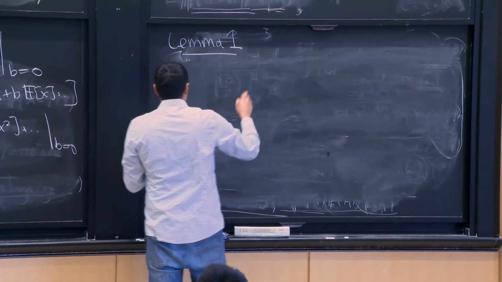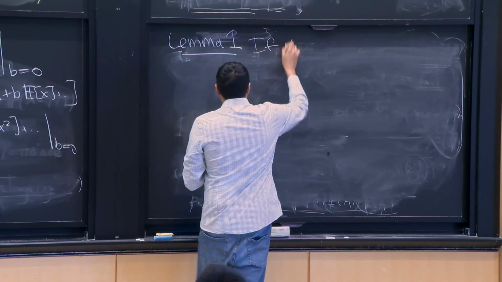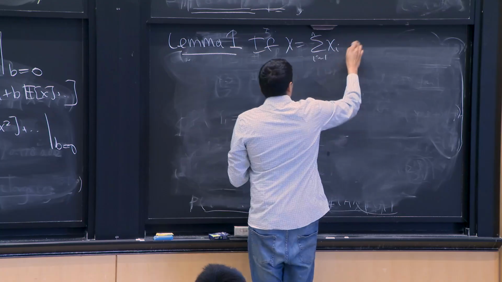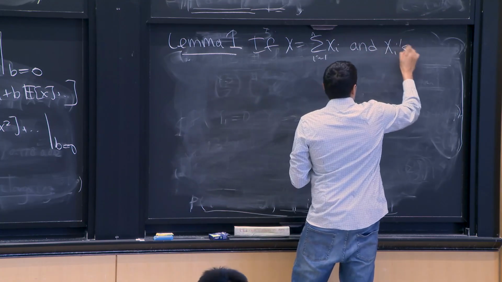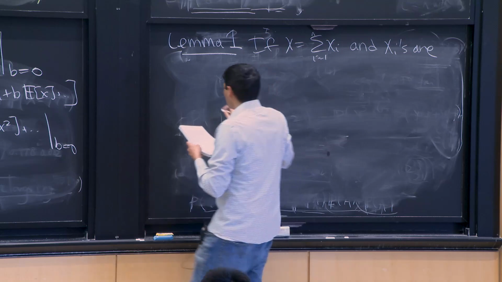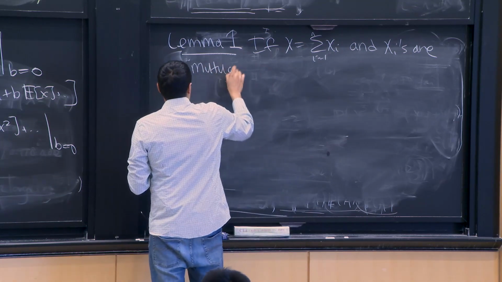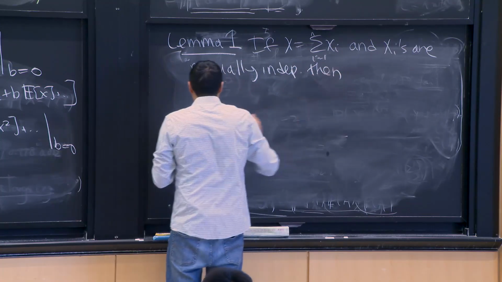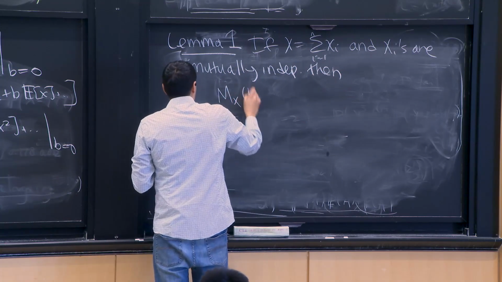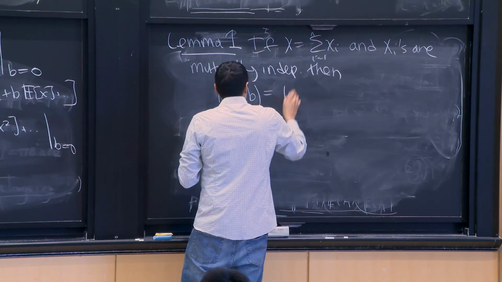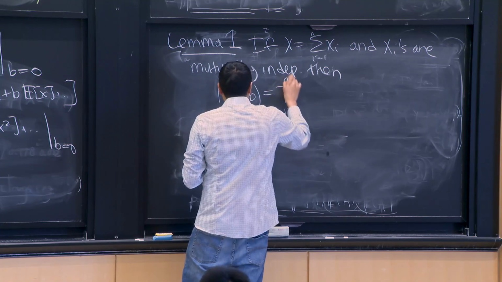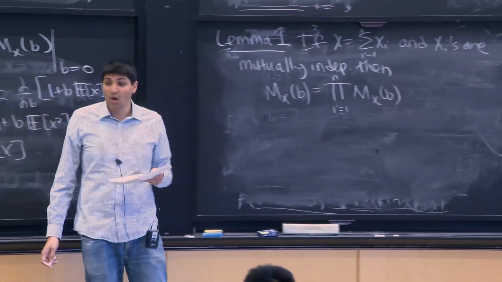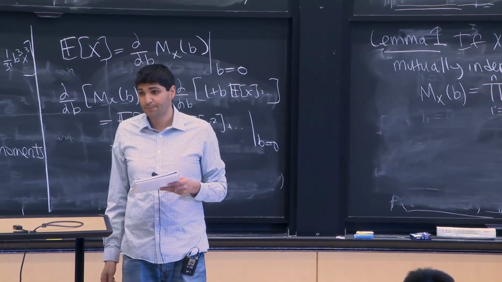So here's our first key lemma. In the setting of the Chernoff bound, where we have x equals the sum of these x_i's, and all these x_i's are mutually independent, then what I claim is that the moment generating function of x evaluated at b is the same thing as the product of all of the constituent moment generating functions for each one of the x_i's, all evaluated at the same thing, b.